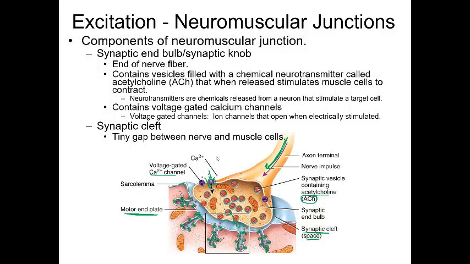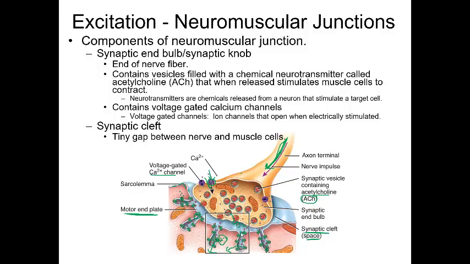So let's recap from the top, because repetition is key. Action potential reaches the synaptic end bulb, triggers calcium gates to open up. Calcium rushes into the synaptic end bulb, triggers the exocytosis of acetylcholine. Acetylcholine enters the synaptic cleft, binds to the acetylcholine receptors on the sodium ion gates of the motor end plate.